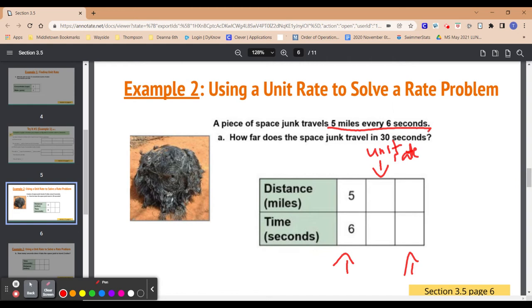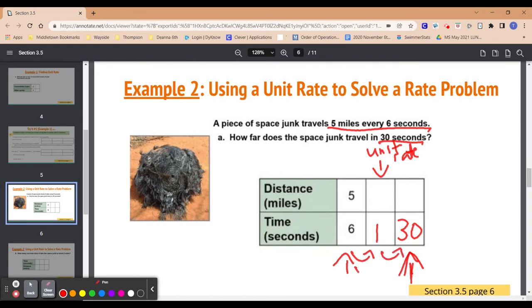And now we have our second rate, and they only gave you a portion of it. They gave you 30 seconds. So our 30 has to go here, but it has to be with seconds. So I have to bring this down to 1 and then bring it back up.